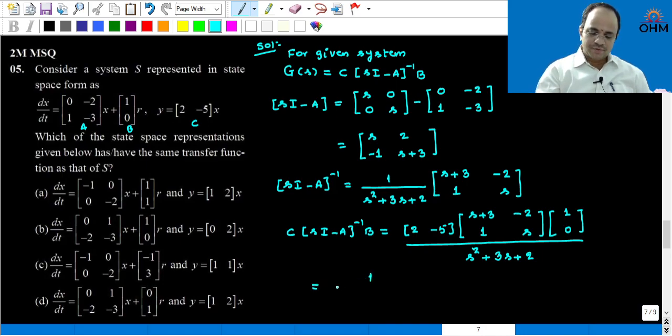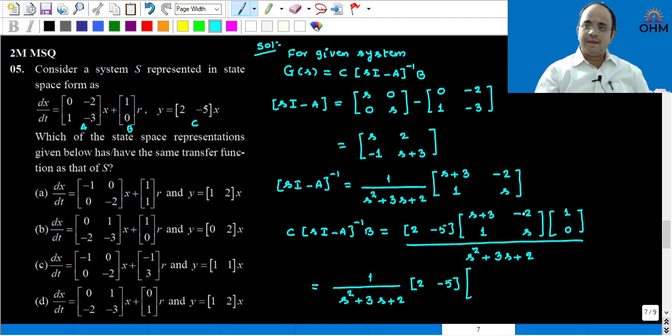Therefore, how can we further simplify? 1 by S square plus 3S plus 2, and the C matrix is 2 and minus 5. Here S plus 3 multiplied with 1, that is S plus 3, minus 2 into 0, 0. Therefore, you will have S plus 3. A 2 by 2 matrix is multiplying with a 2 by 1 matrix, so the new order will be 2 by 1. Now 1 into 1 is 1 plus S into 0, that is 0. Therefore, it will be 1.